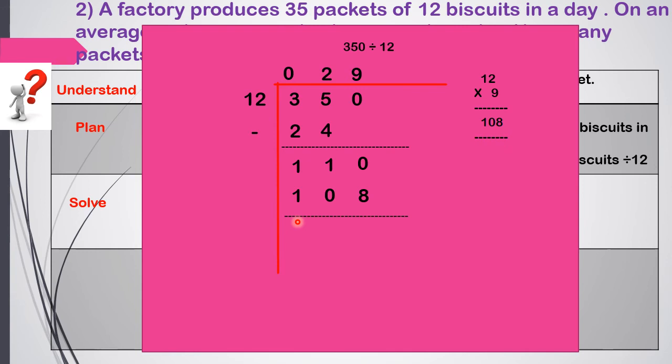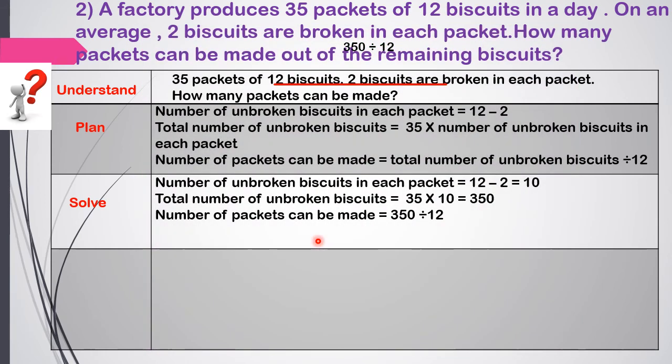So here we have 110, so we can write this number only, 108. When we subtract, we get 2. So the quotient is 29, then the remainder is 2. So here 29 and the remainder 2.